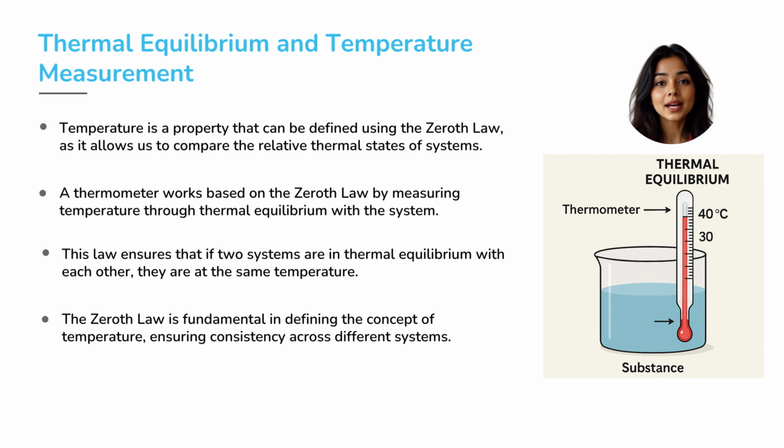So, if you put a thermometer in your soup, the thermometer and the soup will exchange heat until they both reach the same temperature. That's thermal equilibrium in action, and it's the reason your thermometer gives you a consistent, reliable reading. Without the Zeroth law, we wouldn't have an accurate way of measuring temperature, and that would be quite a disaster for everything from science experiments to your morning coffee.